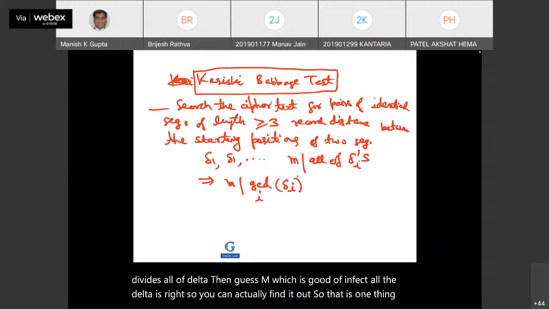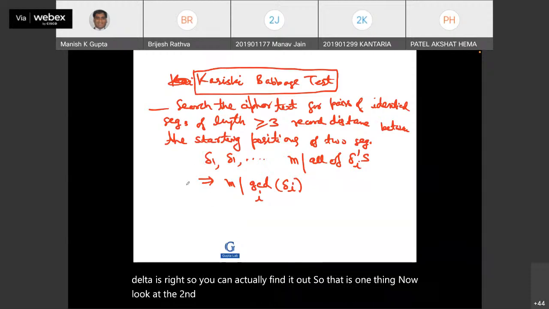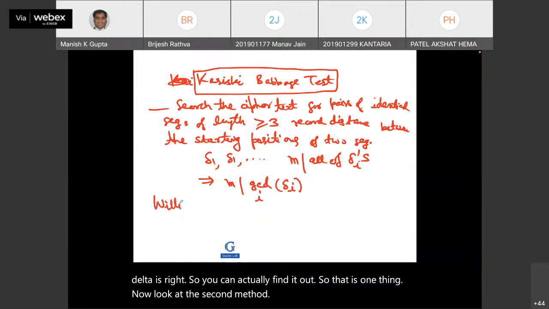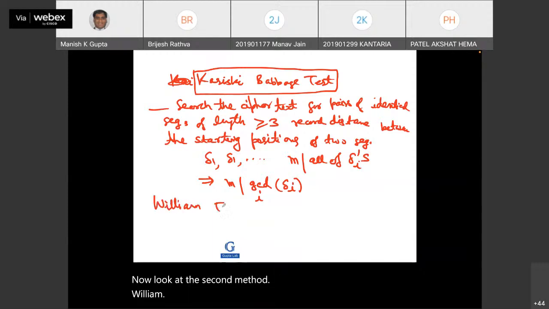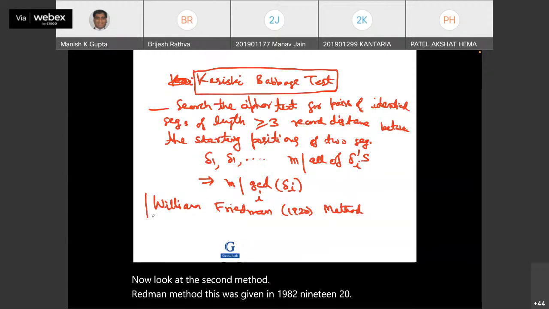Now look at the second method, the William Friedman method. This was given in 1920.